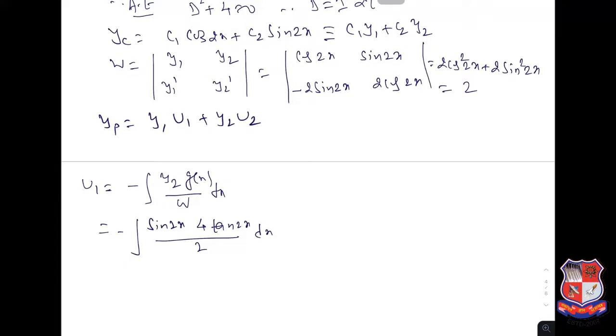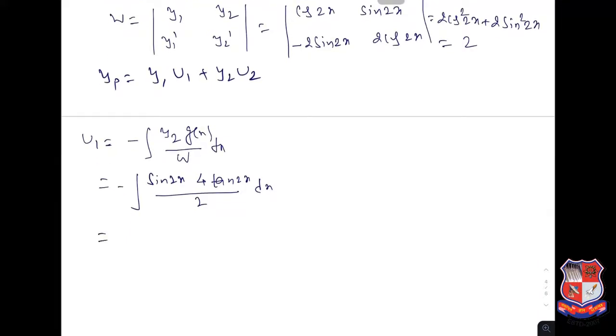So now we are having minus, can we write this way now? It is 2, this 2. Now sine 2x, tan 2x. So tan 2x is sine upon cosine. So that is nothing but sine square 2x over cosine 2x dx.